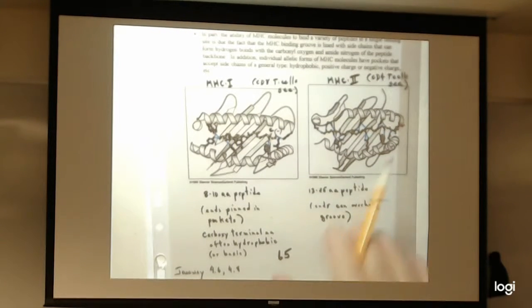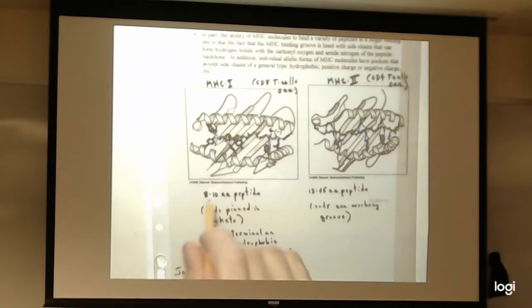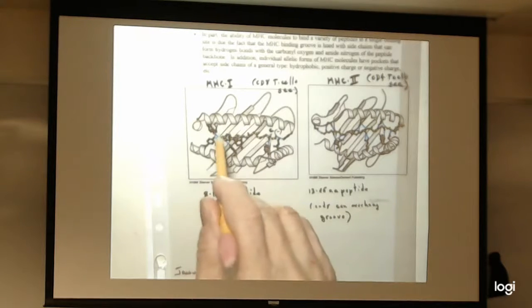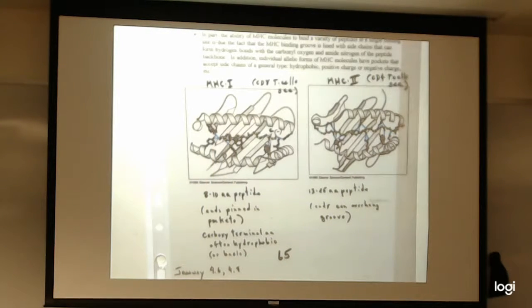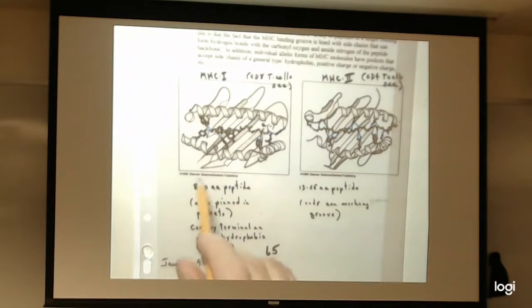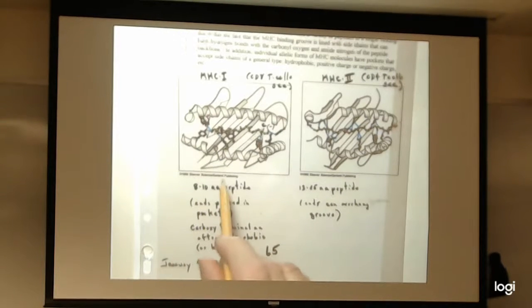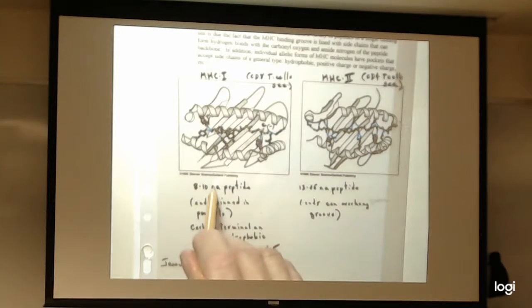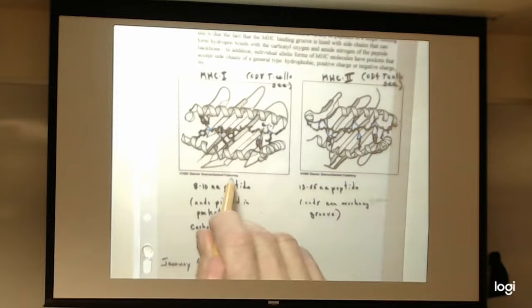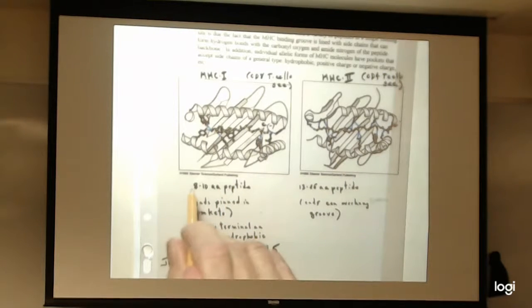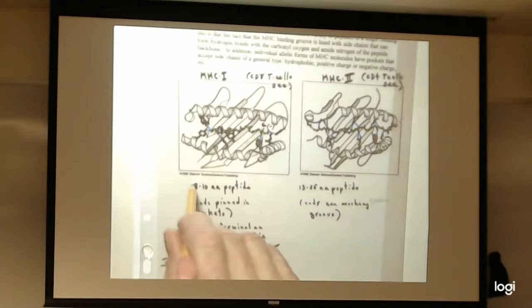Okay? So it can be a little bit longer than 8, just because one amino acid can buckle upwards. So 8 to 10. You can just remember 10 is an easy number to remember, but actually it's maybe more optimal to have it a little bit shorter than 10.